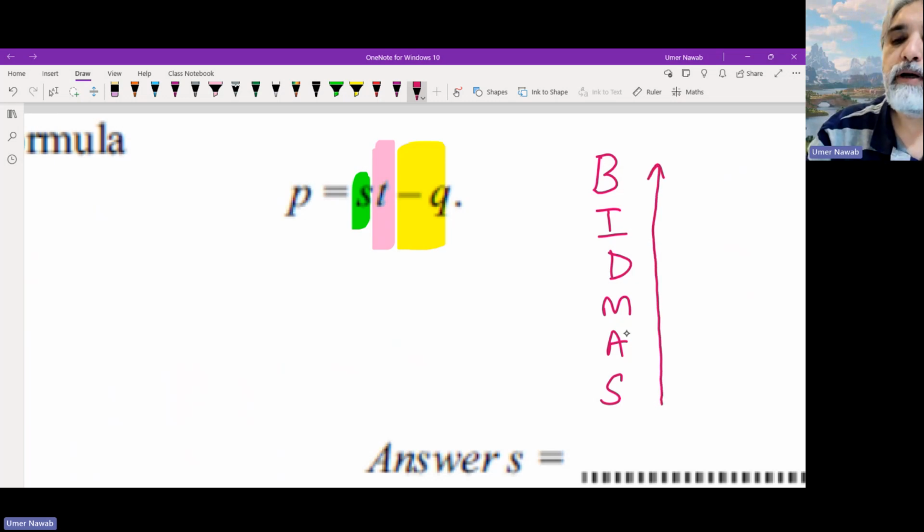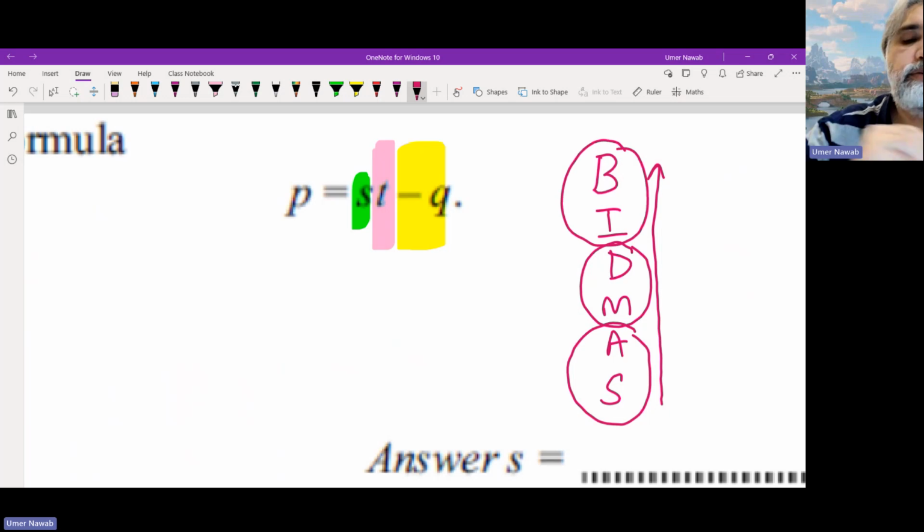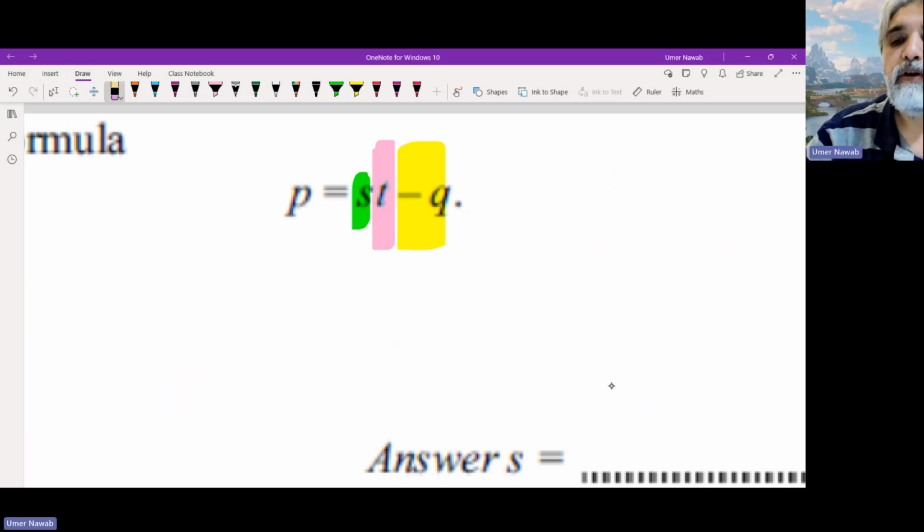So the opposite BIDMAS rule is what? You have to do addition, subtraction first, then you do multiplication, division. Then after that, you do indices and brackets. So how to proceed? We will proceed with the opposite BIDMAS rule, that is plus minus first.